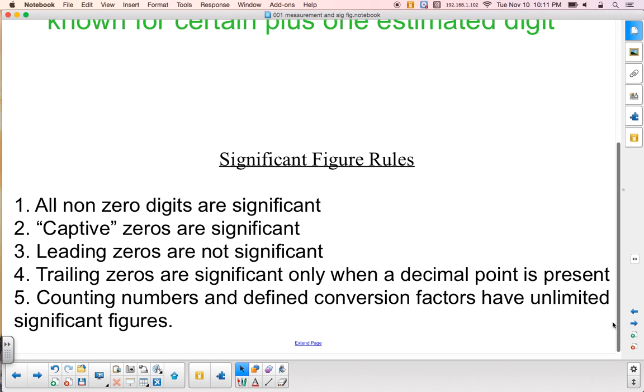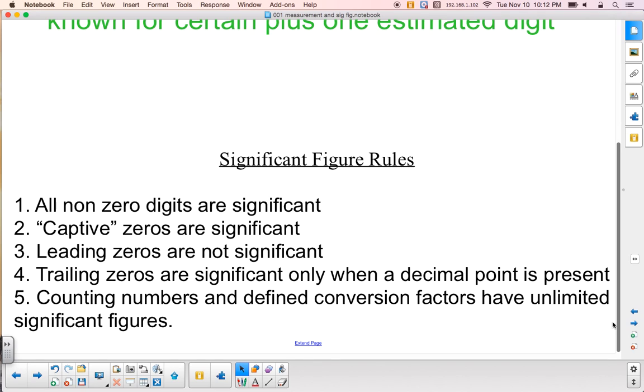So Rule 4 tells us that trailing zeros will be significant only when a decimal point is present. The decimal point doesn't have to be near the trailing zeros, it merely has to be present someplace in the digit. We're going to learn to use a decimal point very judiciously to help tell people exactly how far our measurement went.